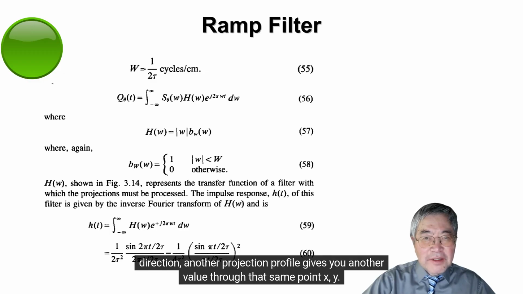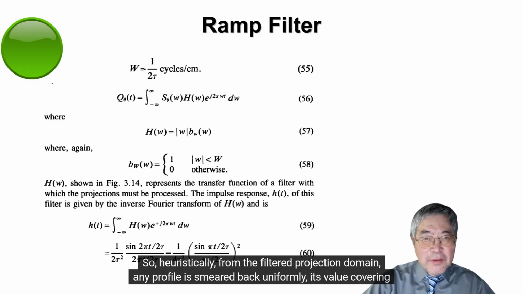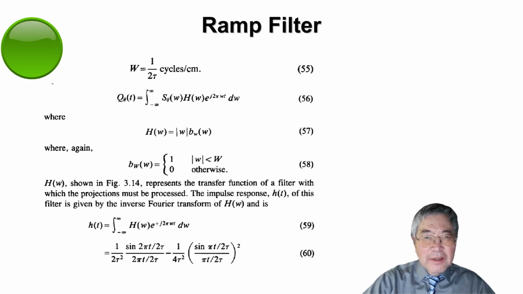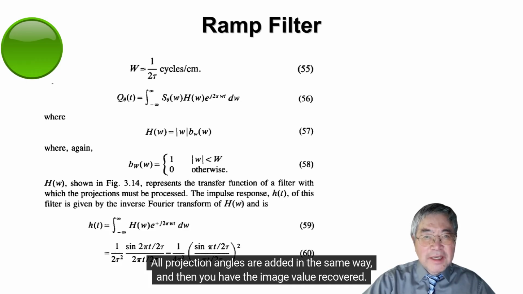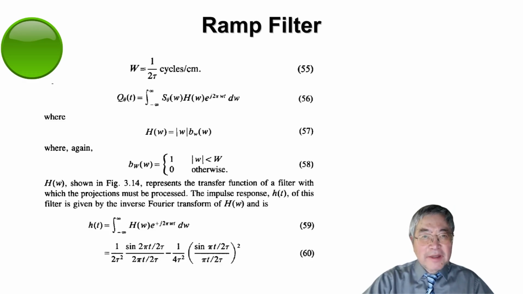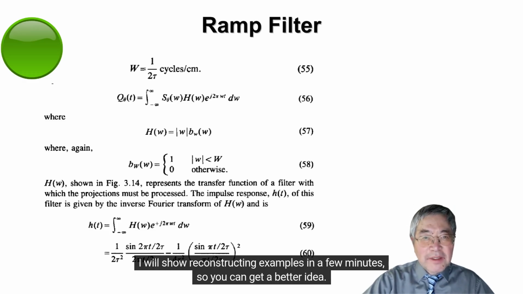Along a different direction, another projection profile gives you another value through that same point x, y. So, heuristically, from the filtered projection domain, any profile is smeared back uniformly, its value covering all points along its line. All projection angles are added in the same way, and then you have the image value recovered. Think about that. I will show reconstructing examples in a few minutes so you can get a better idea. Okay.